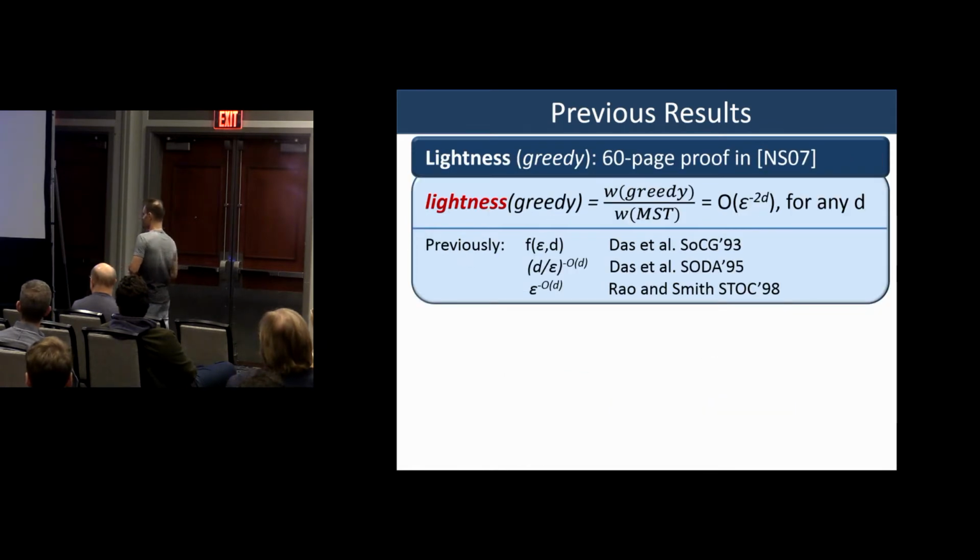The result for lightness is from the book of Narasimhan and Smith. And they showed that there is here just one candidate. The spanner here is the greedy spanner. And it was analyzed quite extensively. And it's been shown that for any point set in R^d, there is a 1 plus epsilon spanner with this lightness, epsilon to the minus 2d.